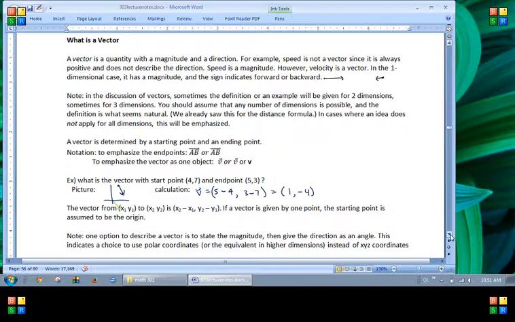So in that case, you're using polar coordinates instead of x, y, z coordinates. You could choose either one. Right now, we're choosing to use x, y, z coordinates to describe a vector. So for example, we just said the vector is 1 comma negative 4. We haven't actually said what the magnitude is, but we can figure out what the magnitude is, and we're going to do that very shortly.